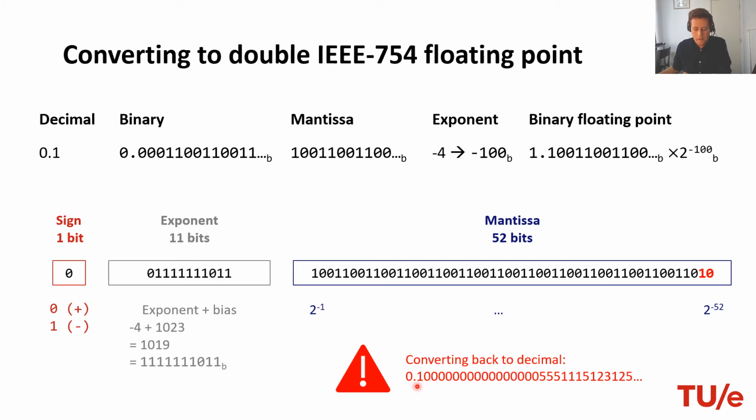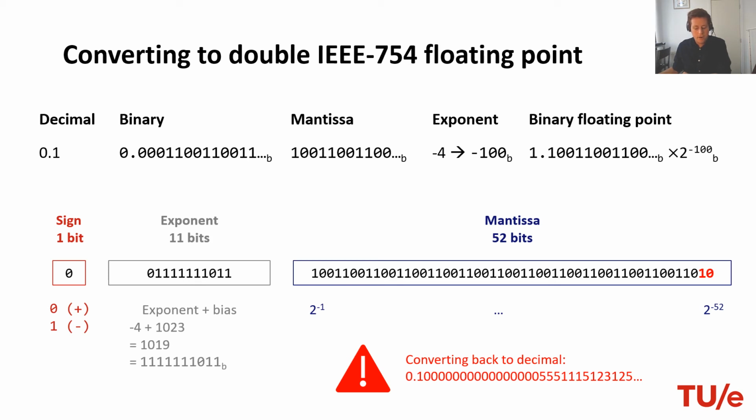So this is why sometimes your computer will tend to give rounding errors, for instance, because 0.1 is not in the library of possible numbers of your computer, and instead it rounds it to the nearest floating point representable number, which is 0.1, 000, etc., 555, 11, etc. So this is important to keep in the back of your mind, that not all real numbers can be represented in floating point numbers with a finite amount of bits.